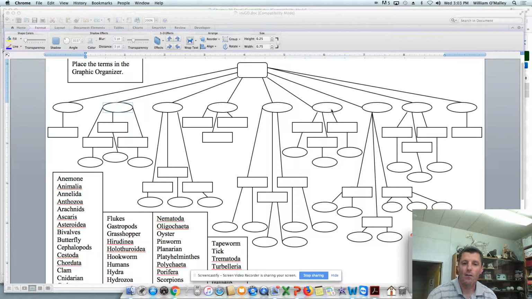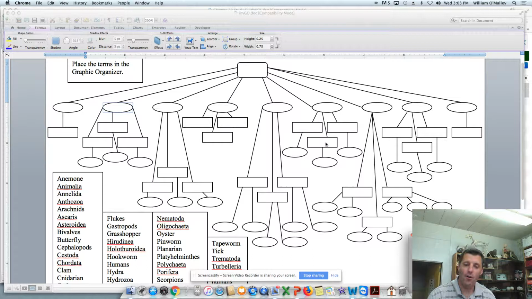Okay. What's the next group? Let's see. Trayton, what's the next group? Annelids. What's one class of annelids? Bella. Polychaeta. Right, Polychaeta. And Polychaeta includes, Bella? Marine worms.